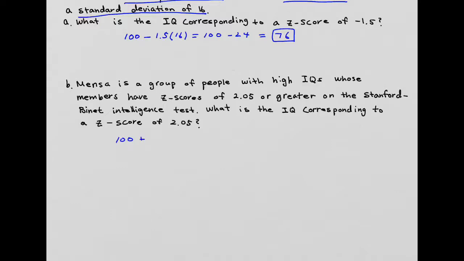This time you're going to add, because it's greater than your mean, the z-score of 2.05 times your standard deviation. And this gives you 100 plus 2.05 times 16, which comes to 32.8. So then your IQ has to be 132.8 in order to go into the Mensa group.